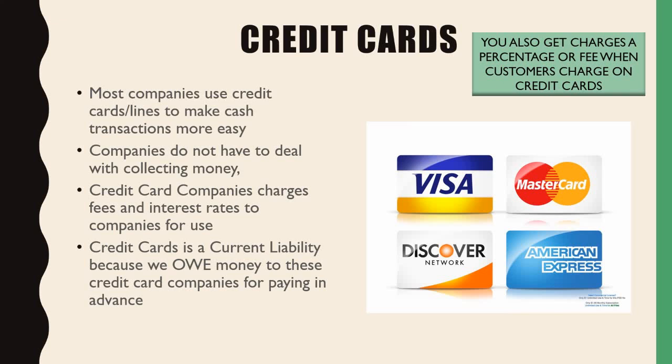A lot of times, if you talk to an independent contractor or independent worker, they usually prefer cash, check, or an electronic funds transfer, because these credit card companies are going to charge them and they don't get the money 100%. They only get maybe 98 or 95% of the sales, because you have to pay these major credit card companies to collect the money for you.